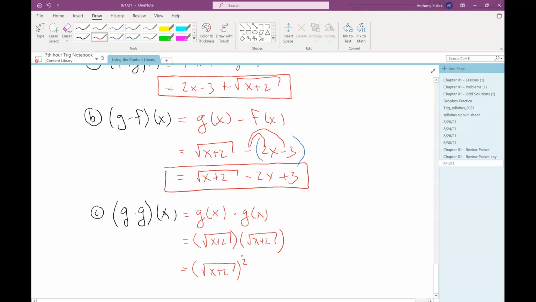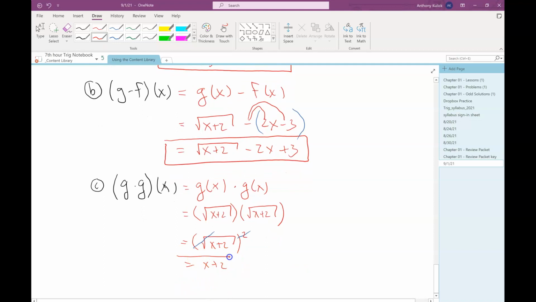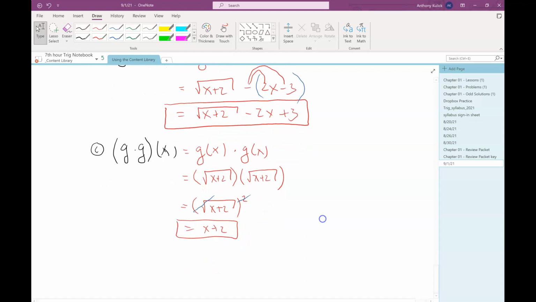Right? Just if I have a times a, I'd have a squared. And what can I say about squares and square roots? They cancel each other out. So this really just becomes x plus 2. Does that feel okay? So again, the actual multiplication was not too bad. It was just the simplifying after that that maybe had us remember a little bit about what was going on.